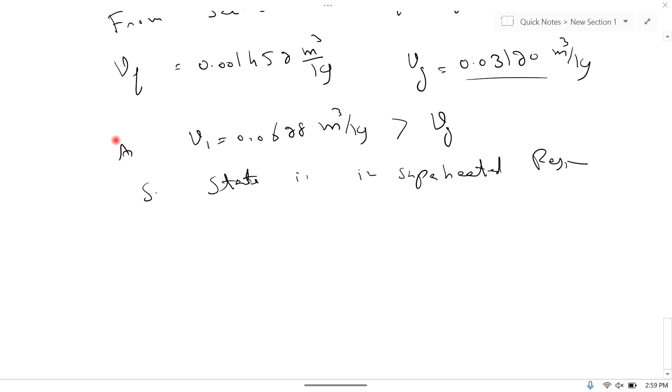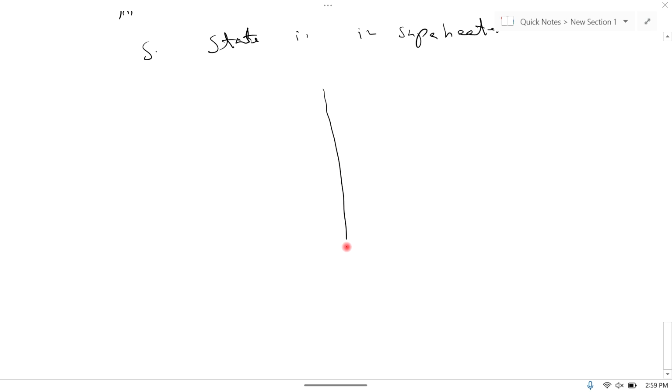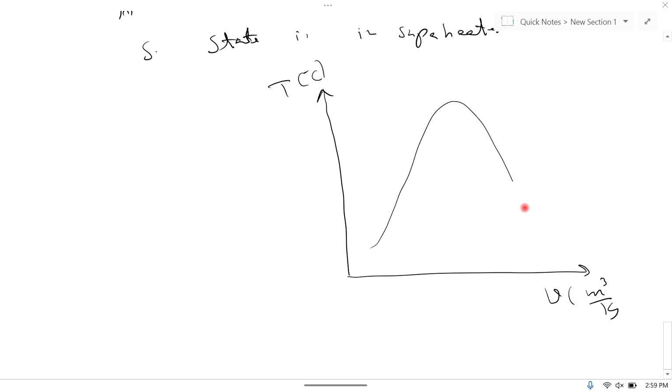and we can draw it on TV diagram. This is temperature in degree centigrade. This is specific volume in meter cube per kg. This is saturation curve, and initial temperature is 900 and superheated. This is initial point and this is 900, and final point is more than Vg.